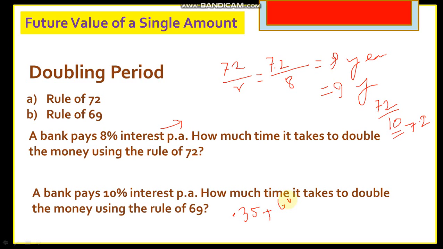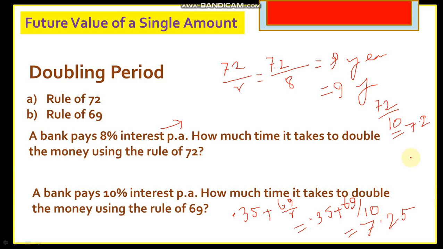So 0.35 plus 69 divided by 10 will give you an answer of 7.25.